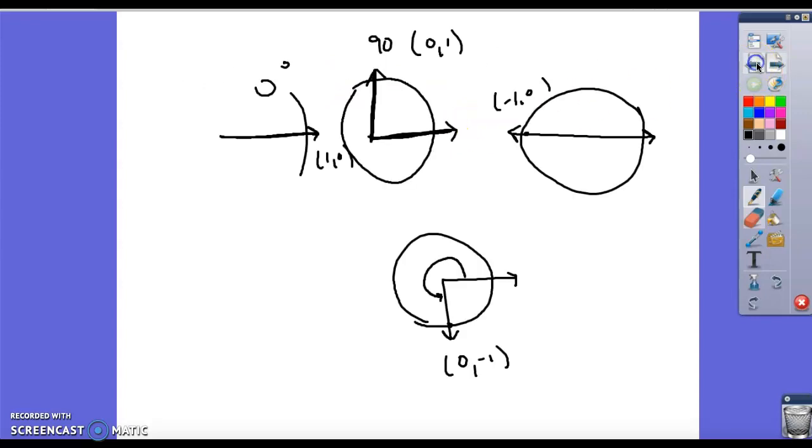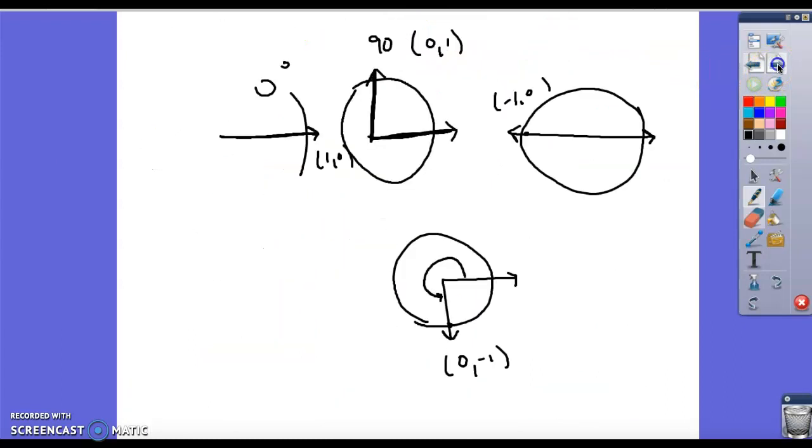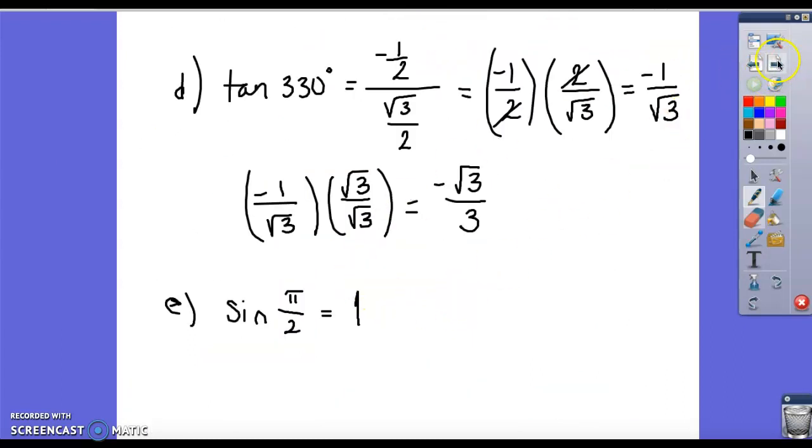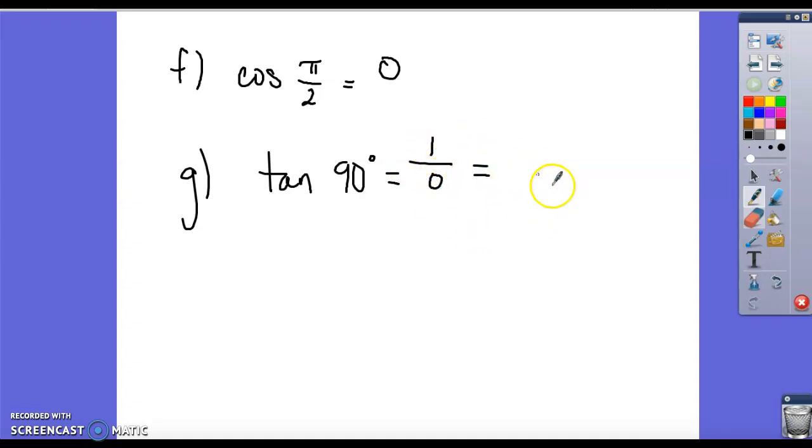Cosine is the x coordinate, so in this case it would be 0. And then last, let's look at the tangent of pi over 2, or 90 degrees. The tangent is y divided by x. However, I can't divide by 0, so the tangent of 90 degrees is actually undefined.